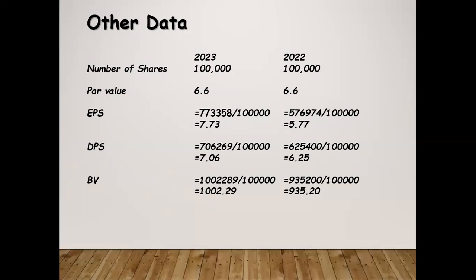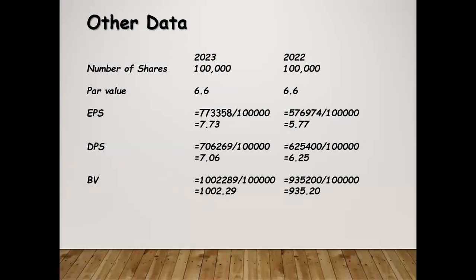Thereafter, we will calculate the book value. Book value is equal to equity divided by the number of shares. Equity for 2023 is 1,02,289, that is divided by 100,000 for 2023, and 935.20 for 2022.